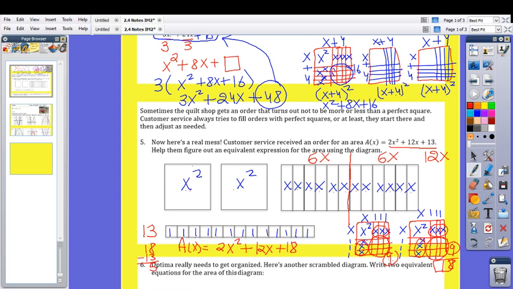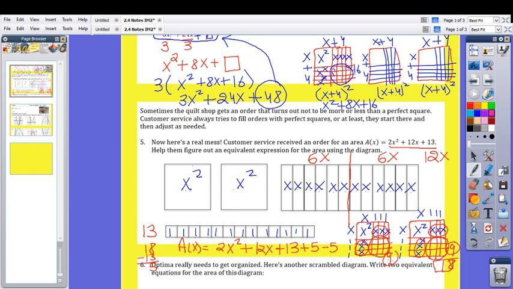We only have 13, so this is what we decided. We only have 13, so we will put 13, but we said we will add extra 5s to make it 18. So if you are adding 5, you also have to take away 5 to keep it in balance.